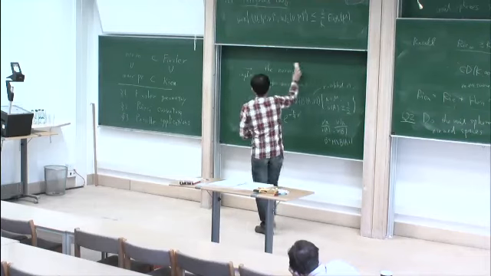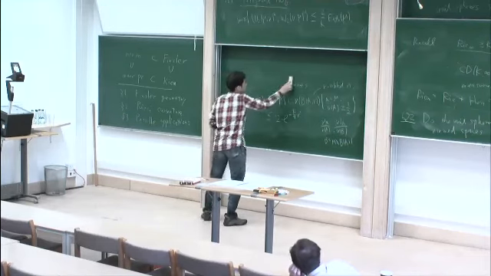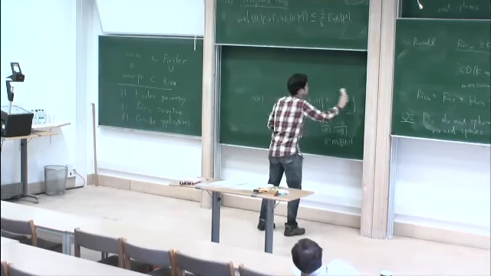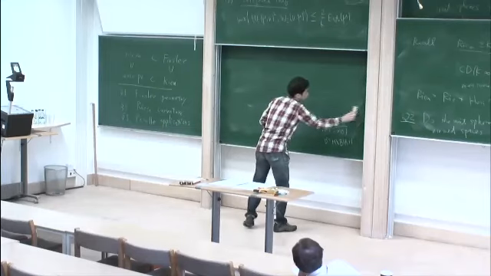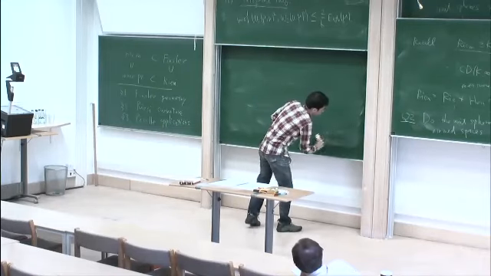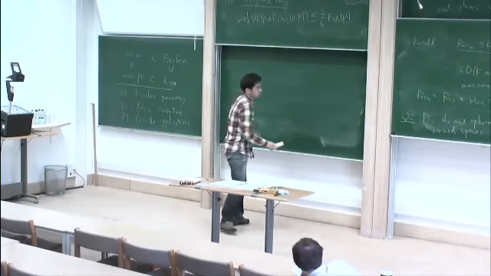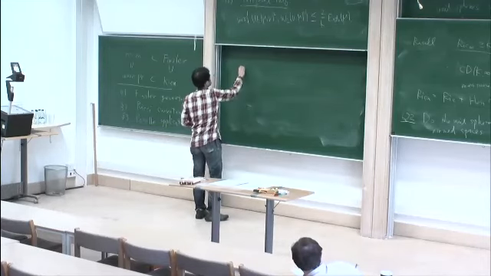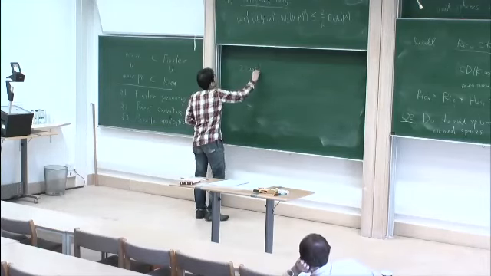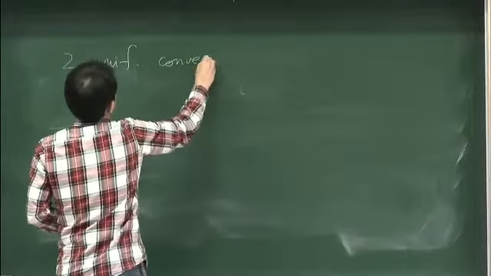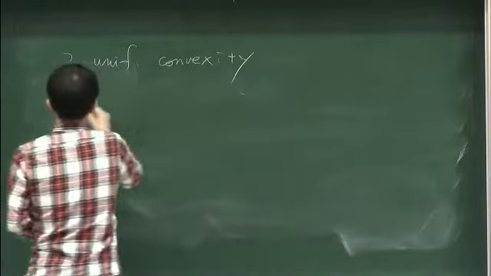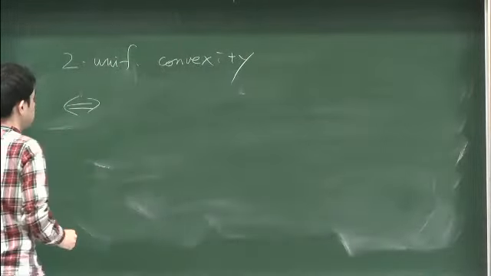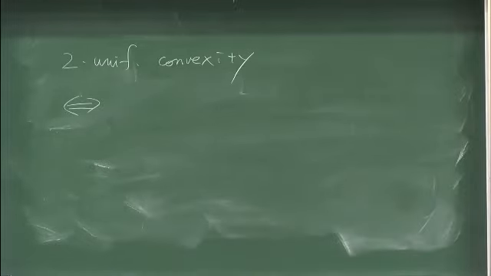And I just recall the definition of uniform convexity. This is a useful notion in Banach space. Two-uniform convexity is just convexity of the square norm.